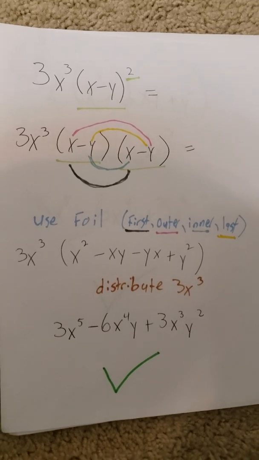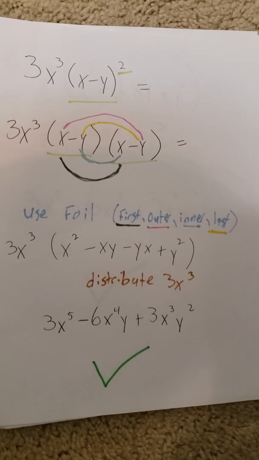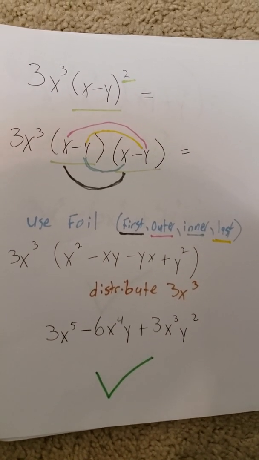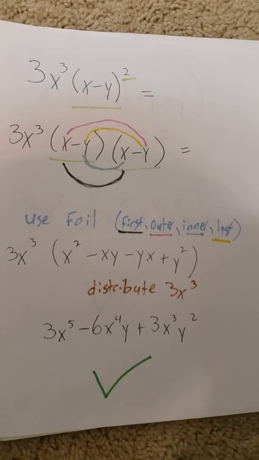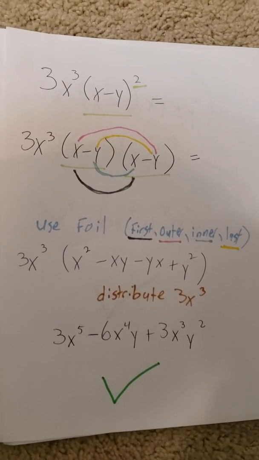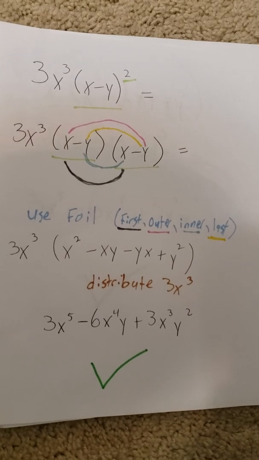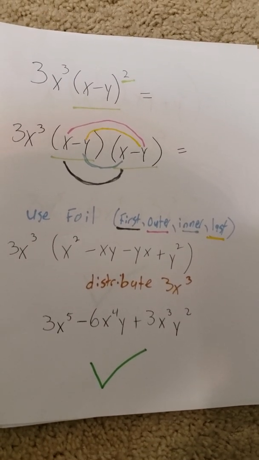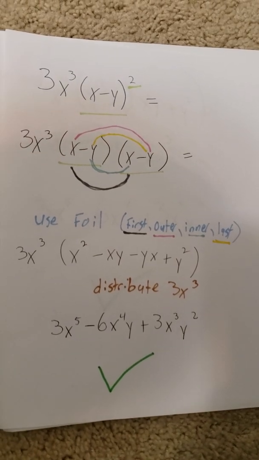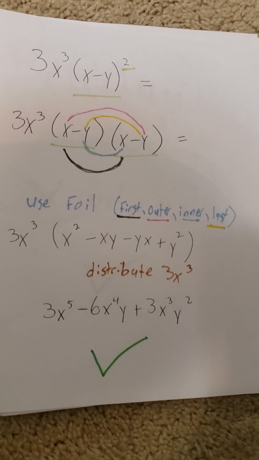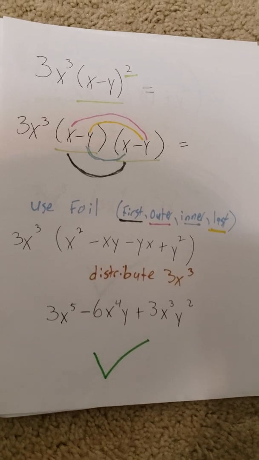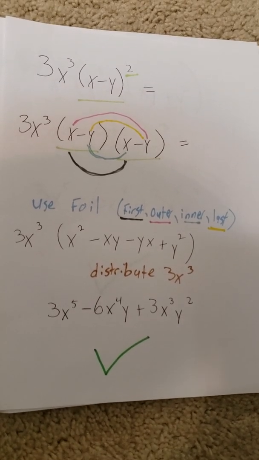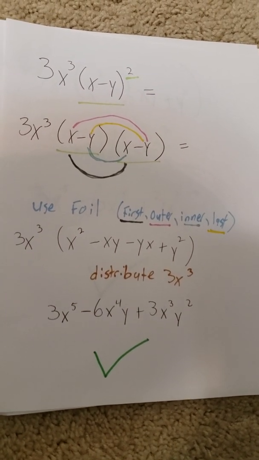Our first equation is 3x to the third times x minus y to the second, and that is going to be the same as 3x to the third times x minus y times x minus y. Well, now we have to use FOIL, which stands for first, outer, inner, and last.